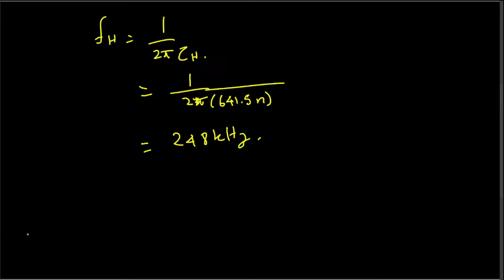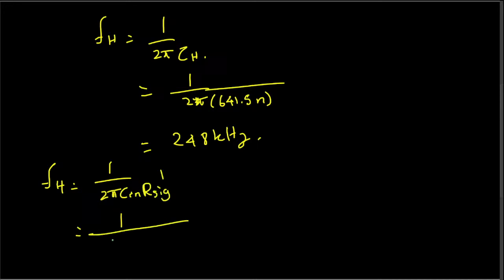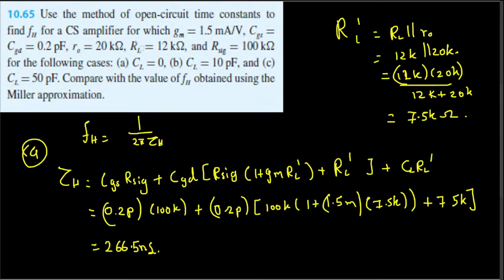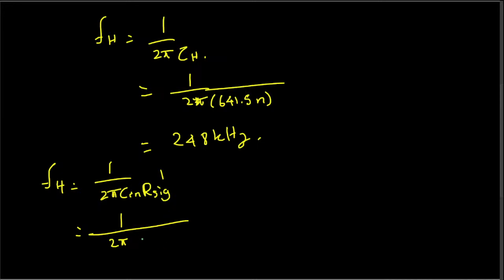So if we calculate FH value in Miller approximation, the equation is this: FH is 1 over 2π Cin times the Rsig prime, and in this case Cin value is not readily available, so we have to calculate that one. So to calculate the Cin, we have to use this equation, that is CGS plus CGD times (1 plus gm RL prime), and that's it.